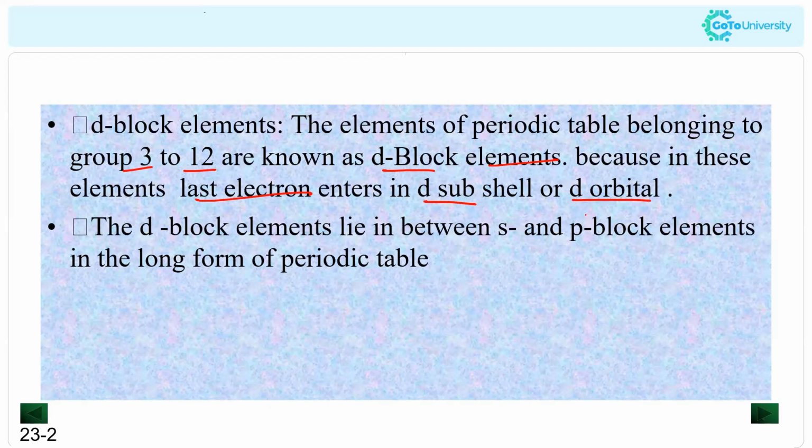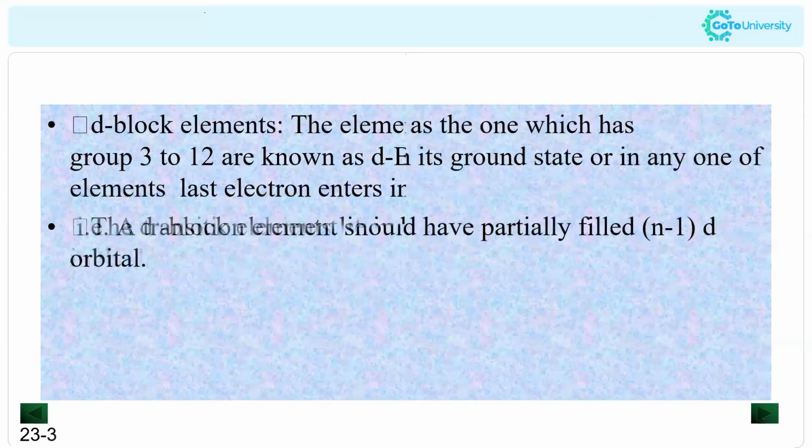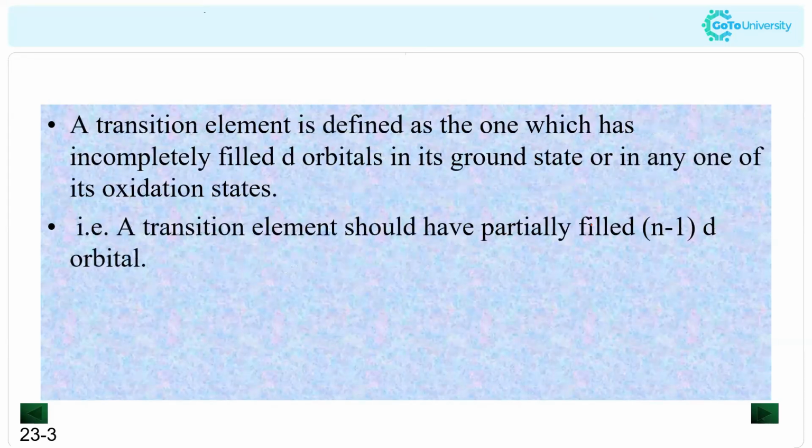Okay, so this is the definition for d block elements: the elements from group 3 to group 12, in which the last electrons are filled in the d subshell or d orbital. Now let's see another name of the d block element, that is transition element.